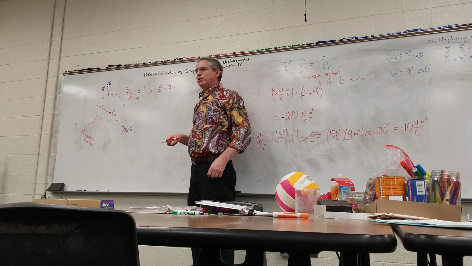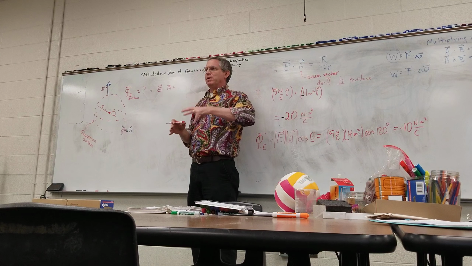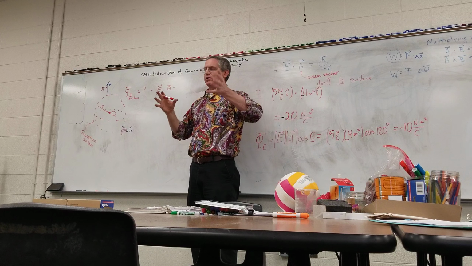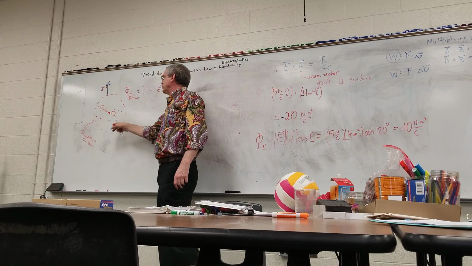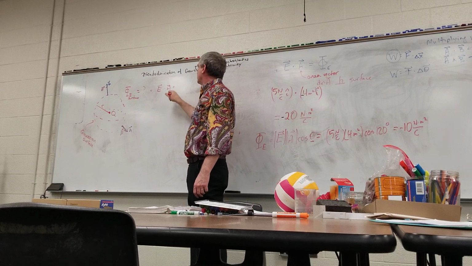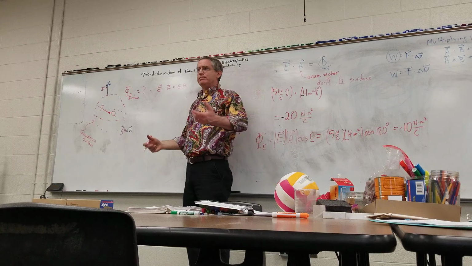In reality, since we don't have a constant electric field because the direction is constantly changing, we would break this up into the sum of an infinite number of electric and area vectors. But if we add up all the electric fields and all the areas, it basically just comes down to the magnitude of the electric field times the area.